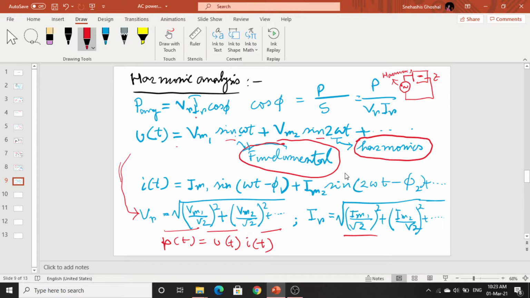If you are unable to verify it, in some later interaction I will explain it to you. For now you just need to know that only sin 2 omega t and sin 2 omega t minus phi 2, when multiplied, will give some average value. 2 omega t with sin omega t, or 2 omega t with sin 3 omega t or some other component, will give zero average power. So it is important to note that average power is obtained due to similar frequencies only. For different frequencies, the average value becomes 0.